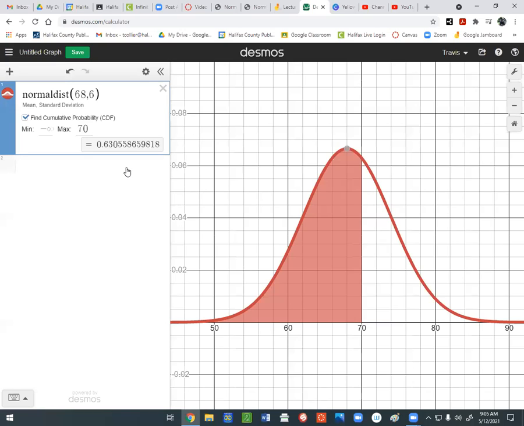So I've got 0.6306. And then I can write that as a percentage, 63.06%. So most of the area under the curve is shaded, but you've still got that 37% that's not shaded.